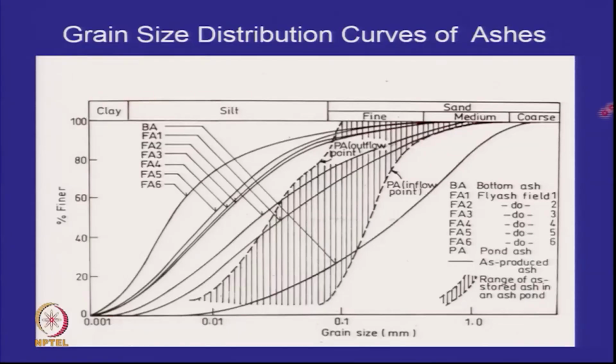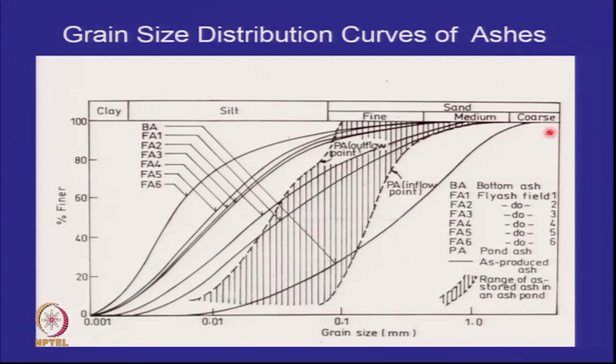This is the grain size distribution curve of the various components from a particular thermal power plant. If I take bottom ash, BA first, go down this line. This is the coarsest particle. Bottom ash is the coarsest material. It's still less than 1 millimeter, but it can be larger depending on the screen size.